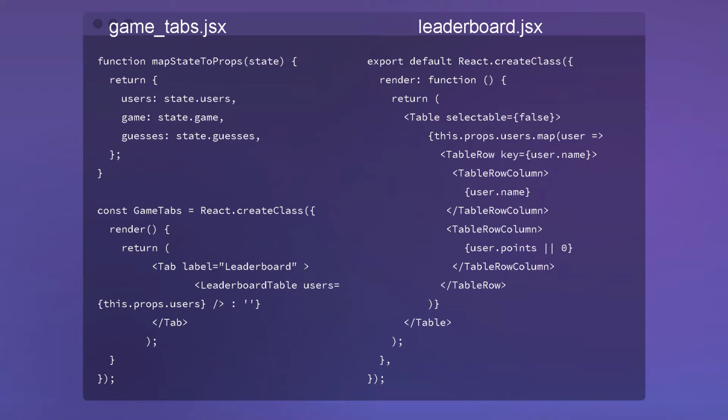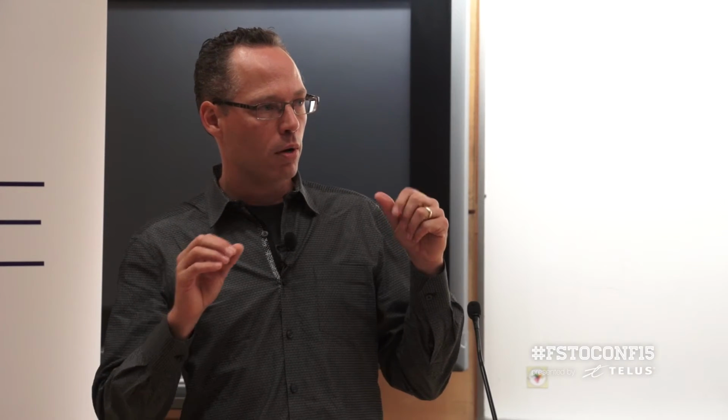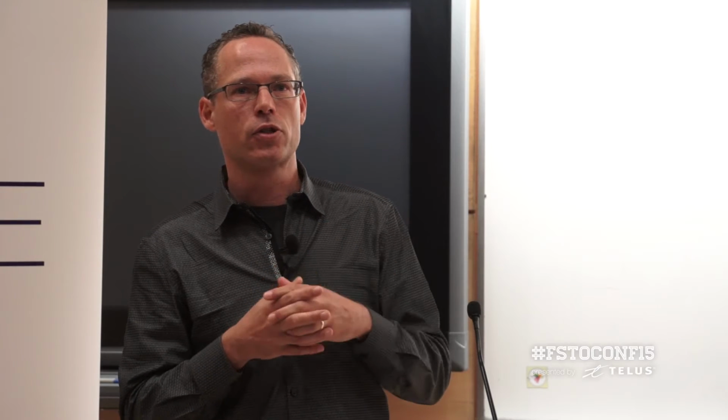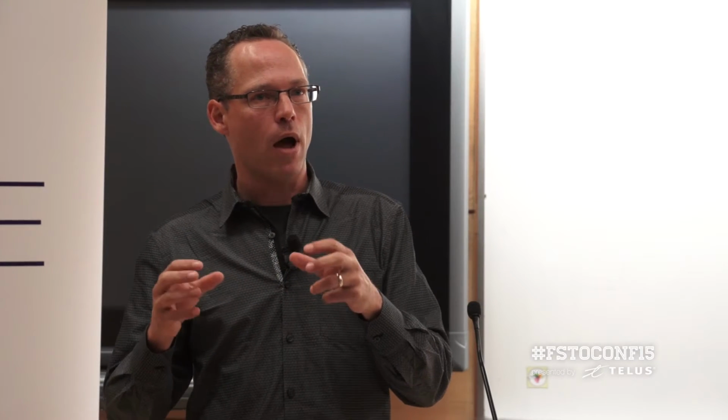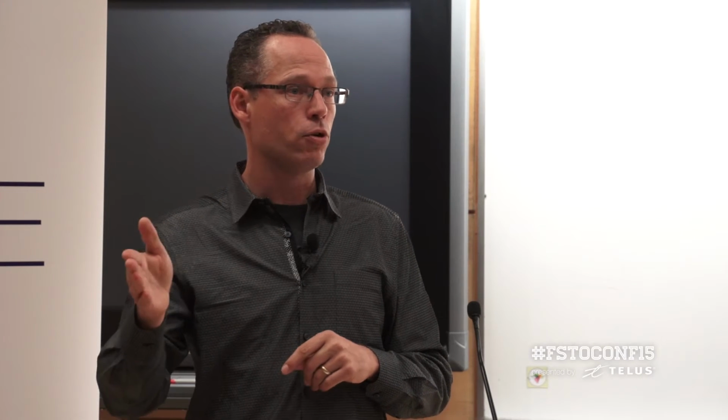So that's the other notion of these React components: they allow you to modularize your application, build reusable components like a leaderboard that you could use in different parts of your application. It provides a nice model for encapsulating logic, both the state and the logic for displaying that state together. So you can see in this leaderboard JSX, I'm going to show the user.name and the user.points, and we'll see that later in the game.